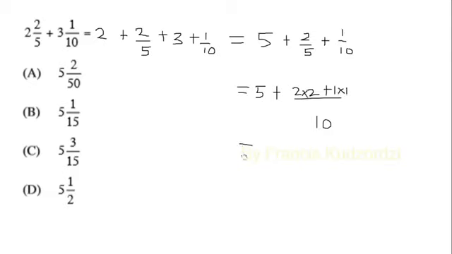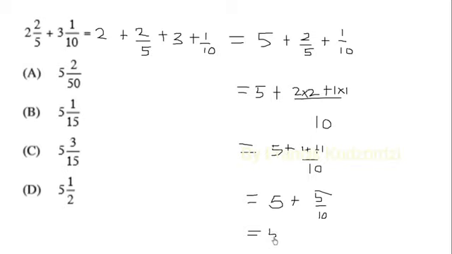So this will be equal to 5 plus 4 plus 1 over 10, which is 5 plus 5 over 10, because 4 plus 1 is 5. Now 5 over 10 is the same as 1 over 2.